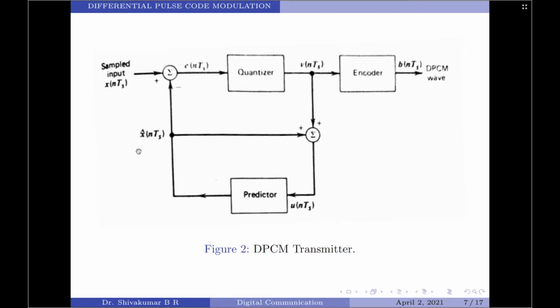Now, in this scheme, the input to the quantizer is a signal which is the difference between the unquantized sample x(nTs) and a prediction of it denoted by x cap(nTs).